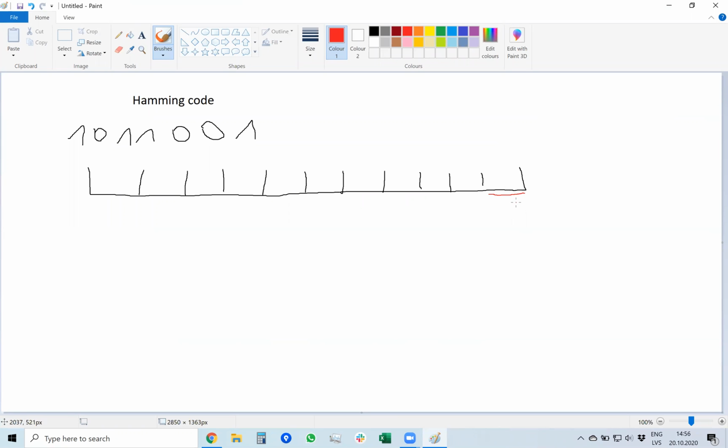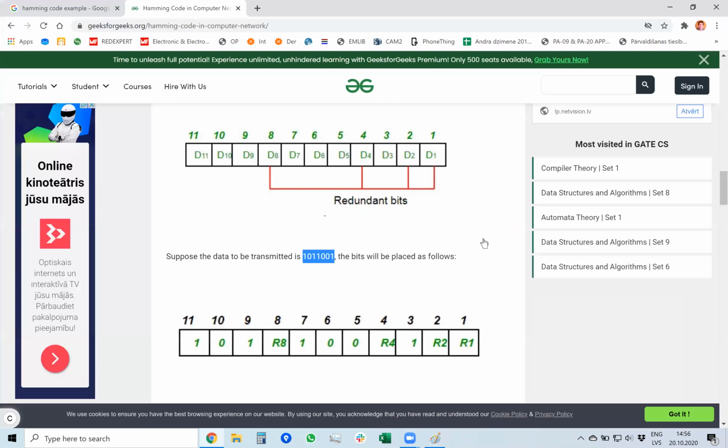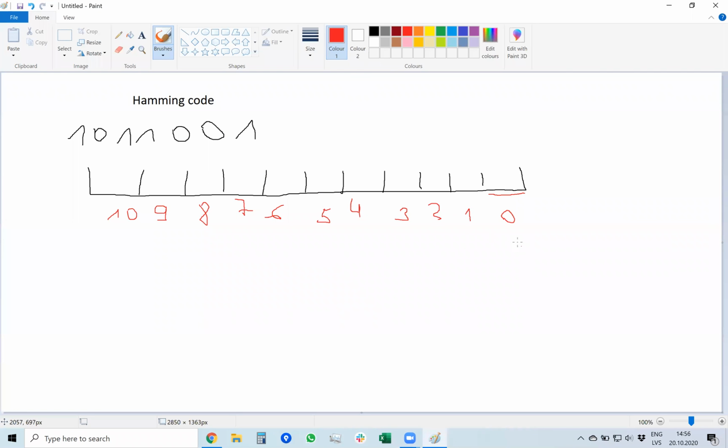This is parity. So this is bit 0. This is bit 1, 2, 3, 4, 5, 6, 7, 8, 9, and 10. Actually, if we wanted, we could also have bit 11 as well. Doesn't matter. So the locations which are powers of 2 are for redundant bits.